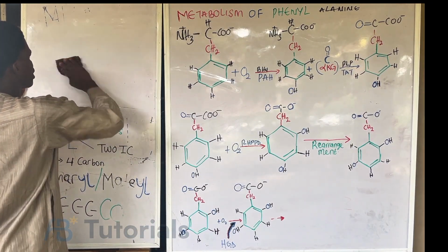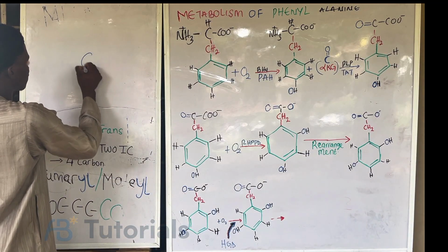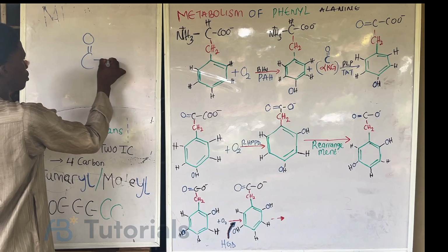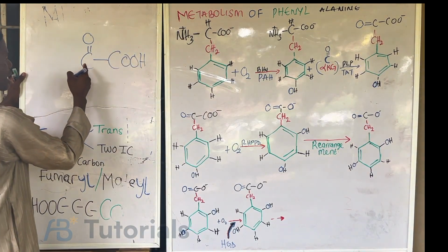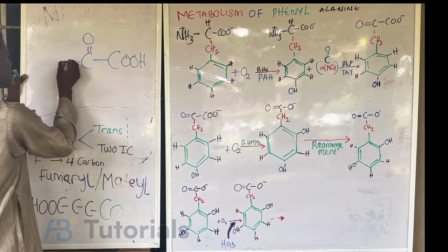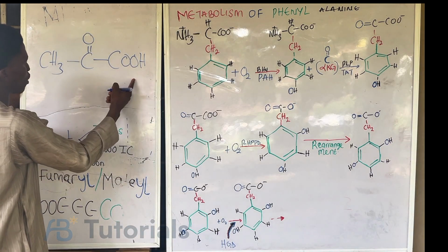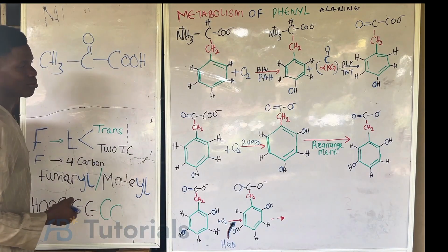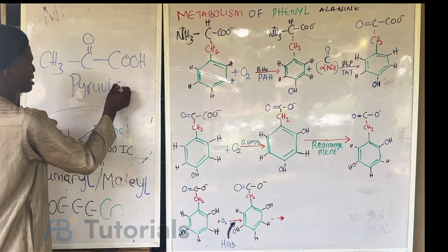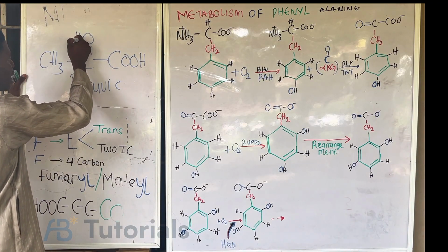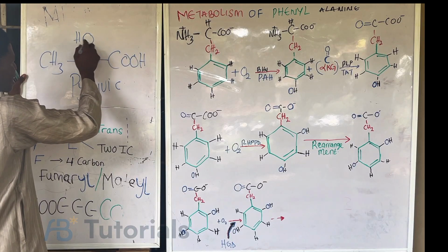So in the structure of pyruvic acid, I'm going to have this OH, so it has this and this. Being the simplest, I will just add a CH3 to it. So this is the structure of our pyruvic acid. Adding an H to it and removing this carbon, we turn this to lactate or lactic acid.